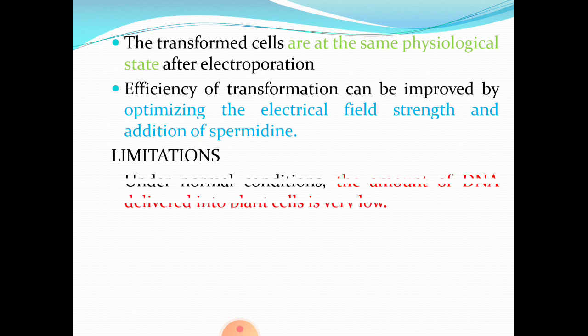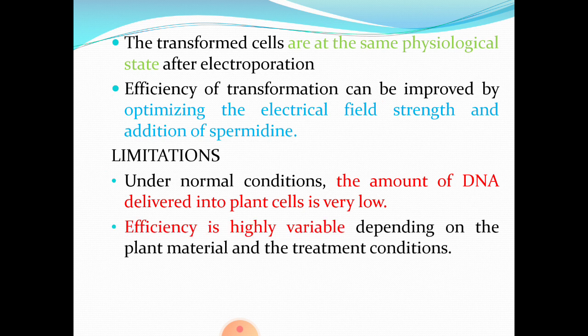Okay. At the same time, this also has its own limitations. Under normal conditions, the amount of DNA delivered into plant cells is very low. Okay. The transfection is low. Alright. Then, efficiency varies depending upon the plant material used and the treatment conditions.